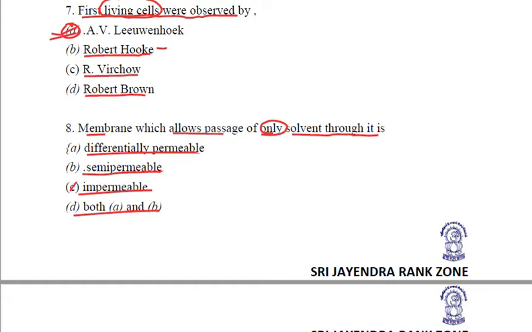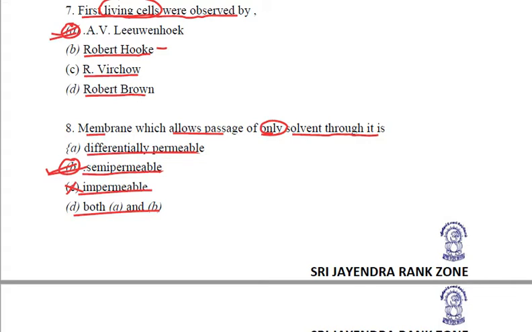It can't be impermeable because it is allowing the passage, and because it is selectively allowing the passage of only solvents, therefore the correct option is semi-permeable membrane, right? These are the membranes which only allow passage of solvents through them.